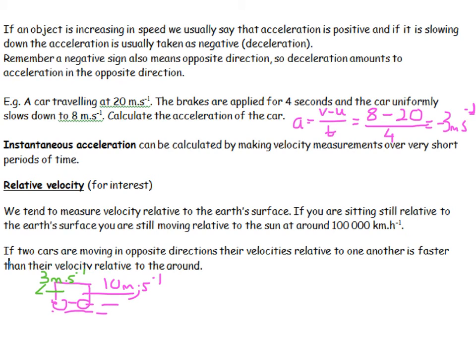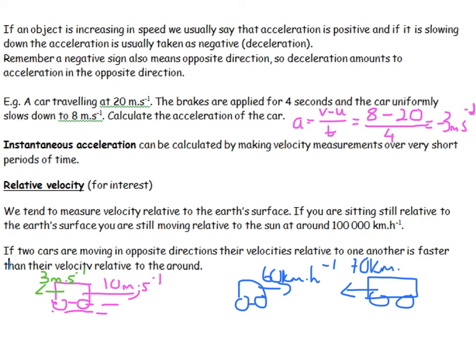So let us say I have one car, and it is going at 60 kilometers per hour, and I have another car, and it is traveling towards it at 70 kilometers per hour. Relative to the ground, it is traveling at 70 kilometers per hour. Relative to the ground, he's traveling at 60 kilometers per hour.